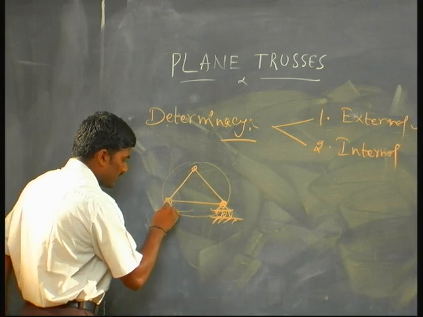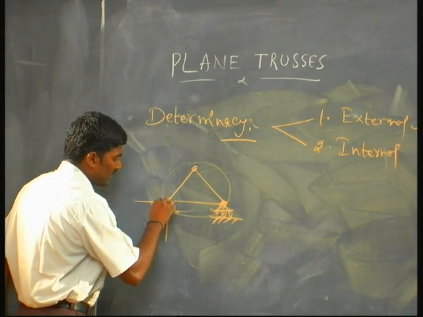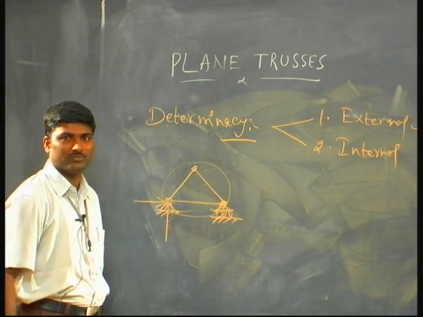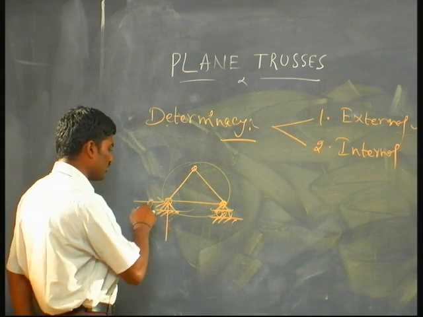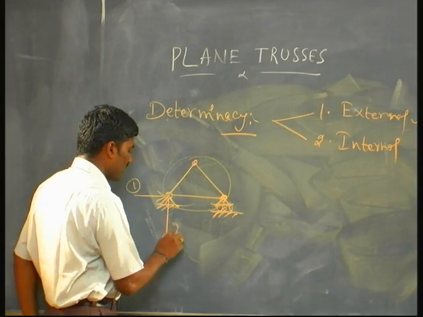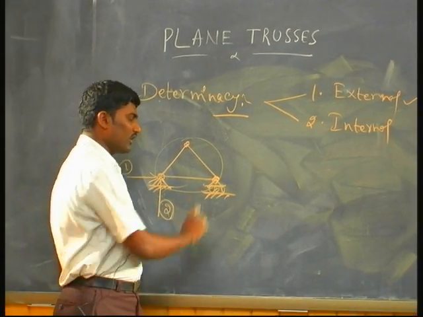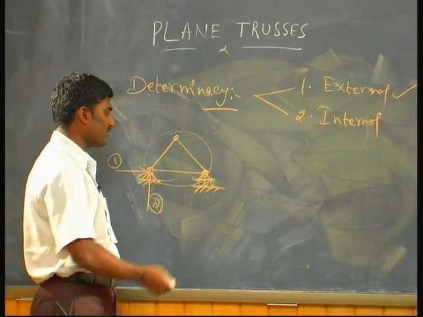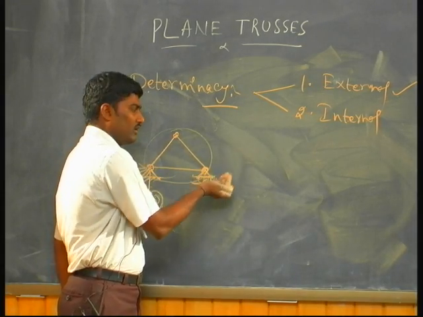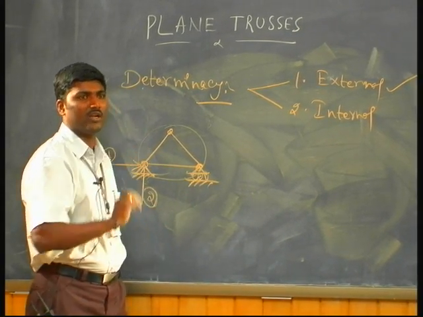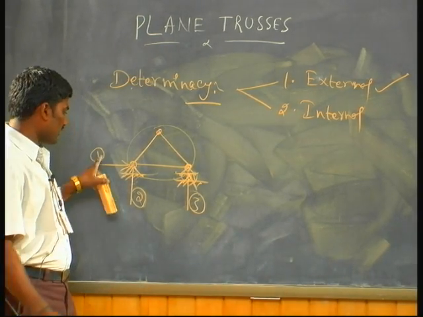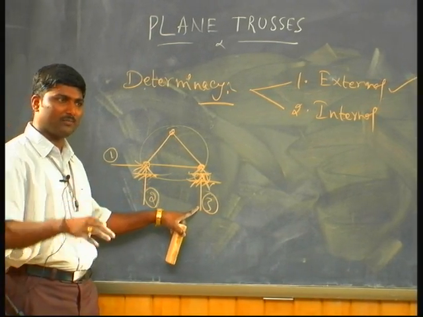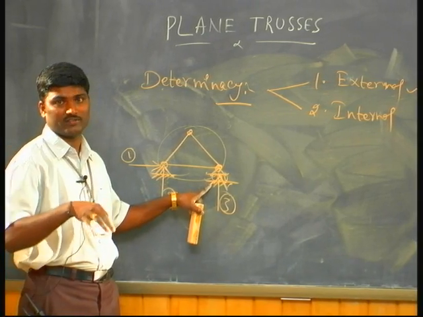For a hinge, two actions, two reactions, 1, 2. For a roller there is only one reaction. Why? Because it can roll. So the only one obstruction is this one. So total 3 reactions are developed from the external supports.